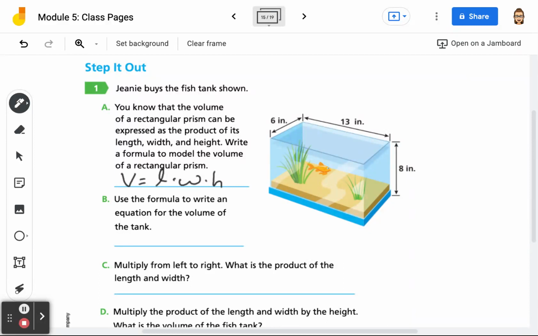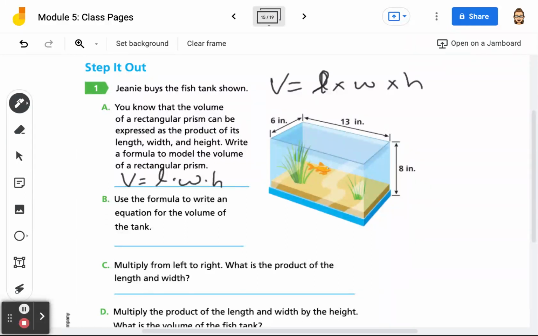Those dots mean to multiply. So you could also write it as volume equals length times width times height. This is just a cursive L, which is often used to signify length.